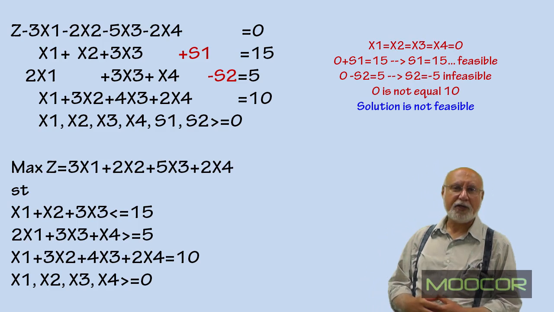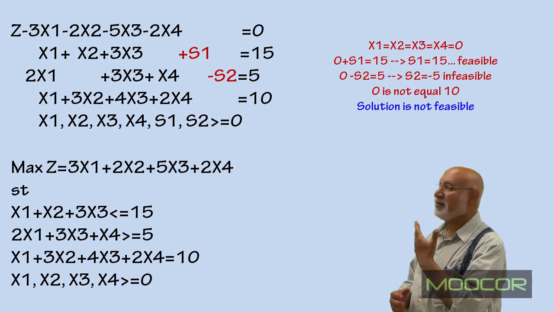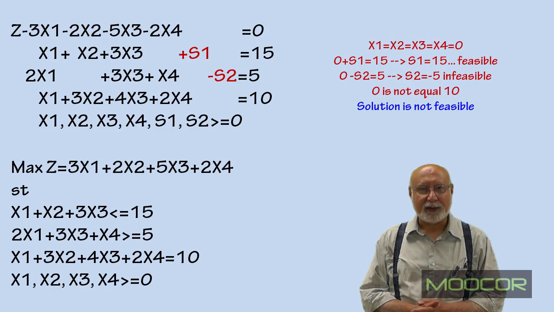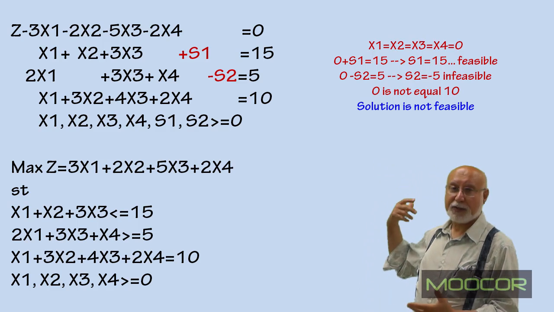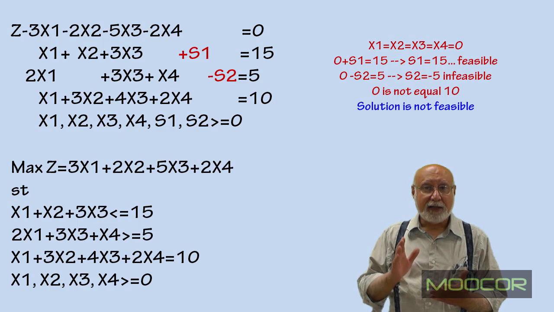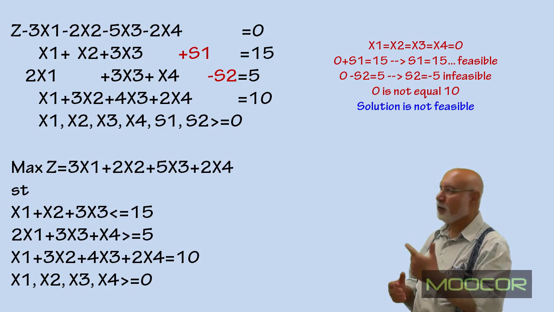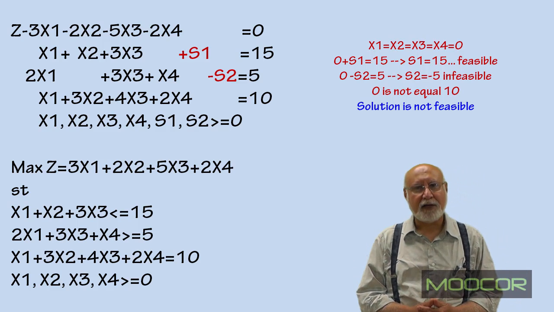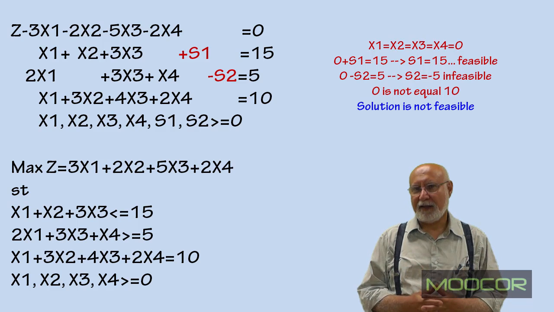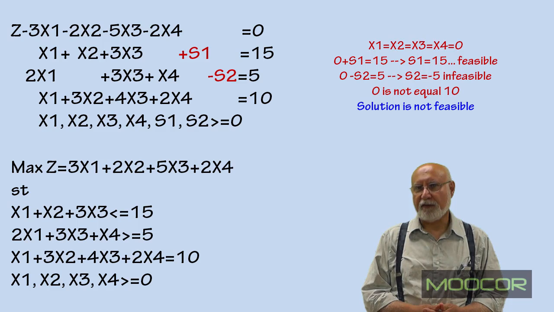Notice that the third constraint is an equation itself, so I cannot add another slack variable to it. The purpose of a slack and surplus variable was to make sure that they end up as an equation. The third one is already in the form of an equation, so I cannot add any slack or subtract any surplus variable from it.